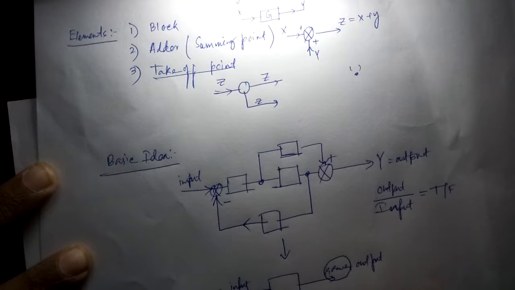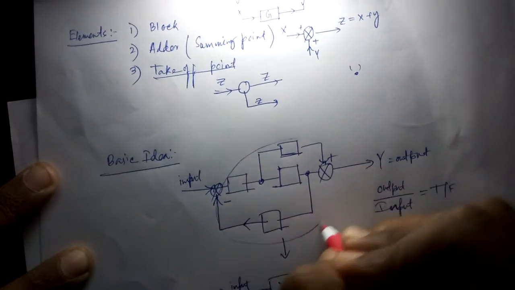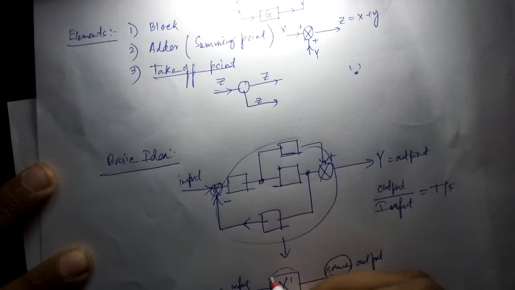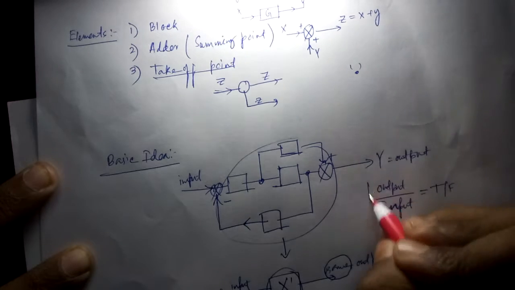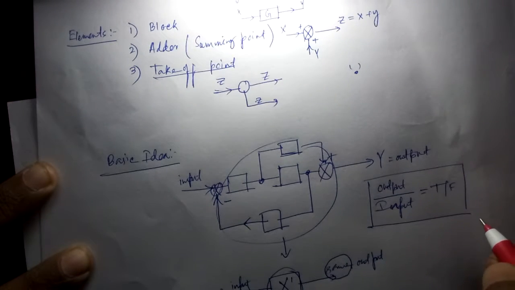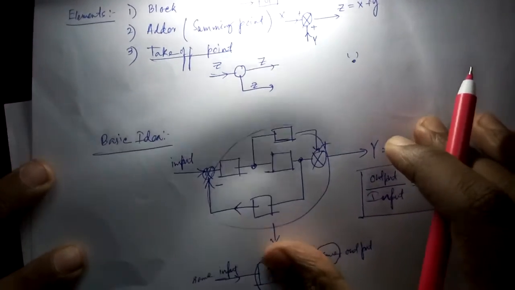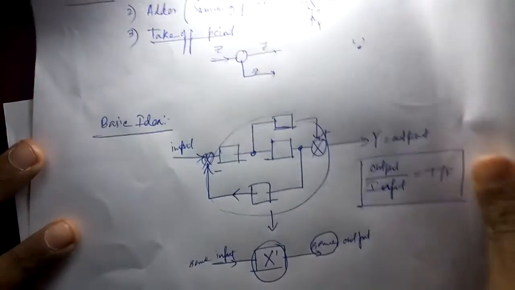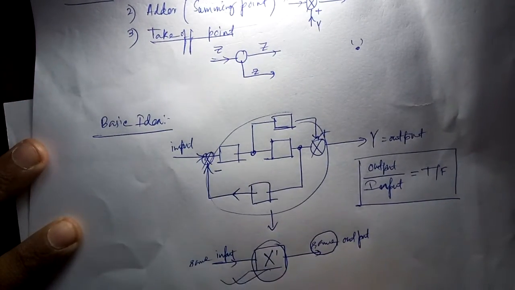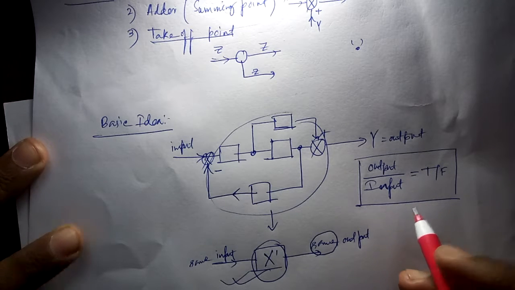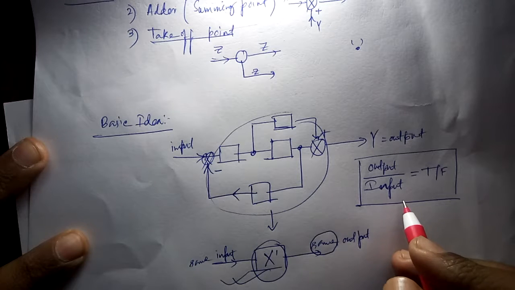Remember this, very important. Let that be X dash, the overall transfer function of the system. The identification of the transfer function of the system will be easier.